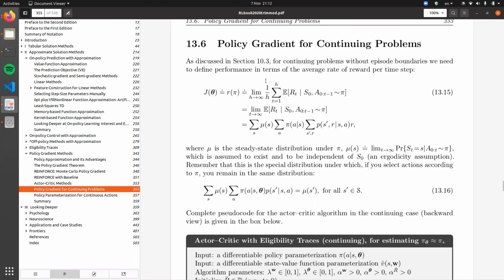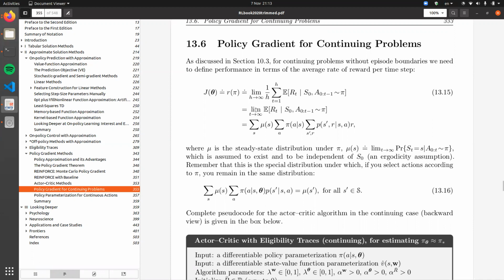Here we have some time horizon, and we take the limit as the horizon approaches infinity of the expectation of the reward starting from state s0 up to that horizon, all divided by the number of steps.